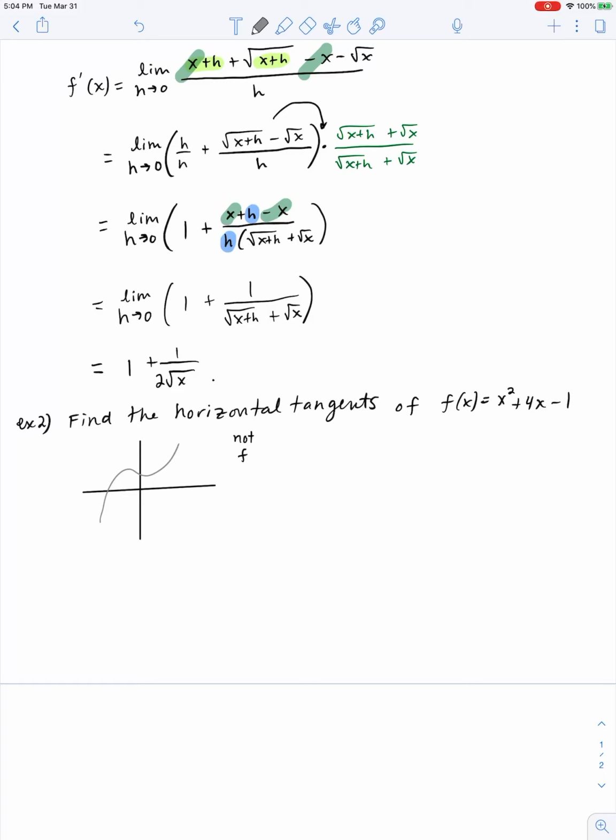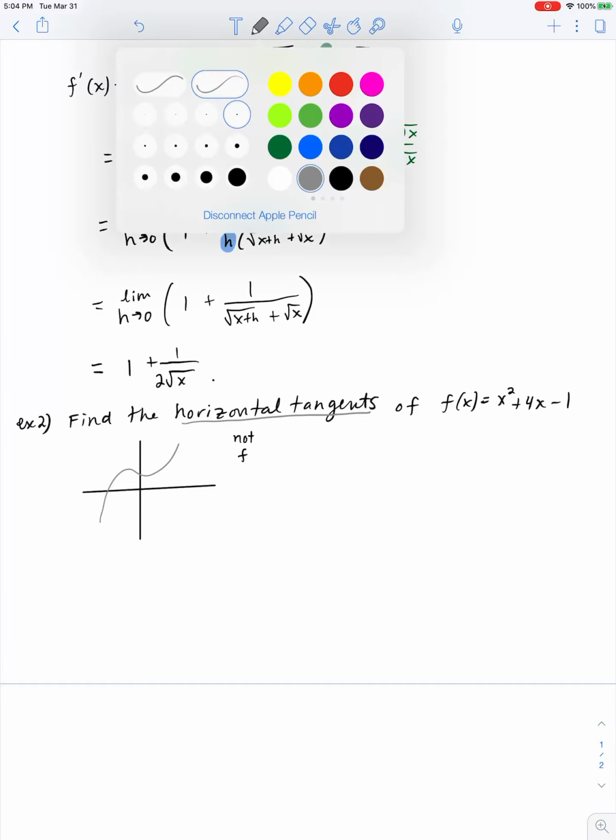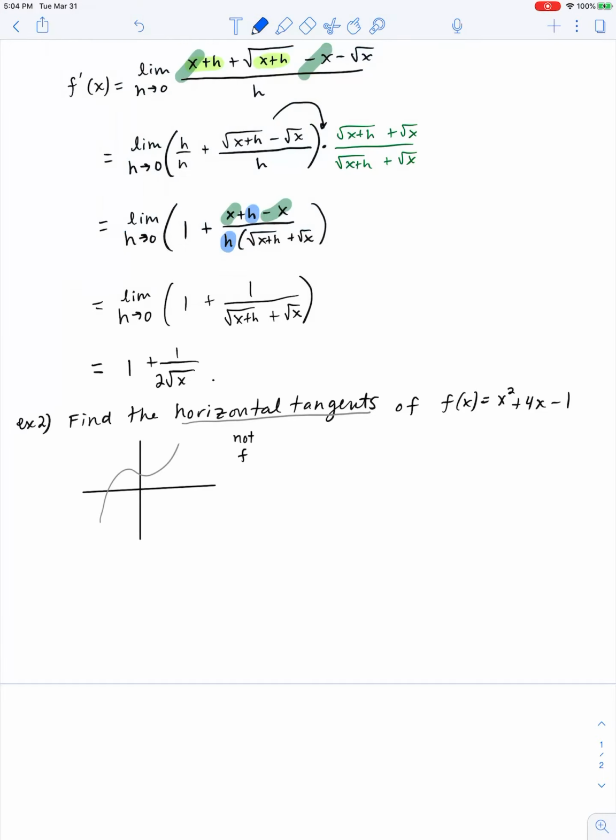If we're looking for horizontal tangents here, they're going to happen when the curve is either at a max or at a min. For optimization problems, which we do later, the max and the min are the most important features of a graph.